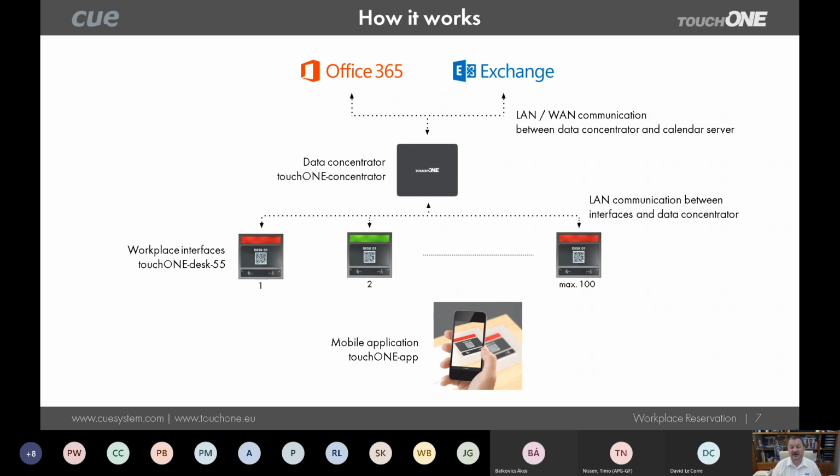By design, you can manage from one concentrator up to 100 workplace interfaces. So that's important to know and remember this number. So if you have a bigger office and you need to install more workplace interfaces, you have to count also on more data concentrators.